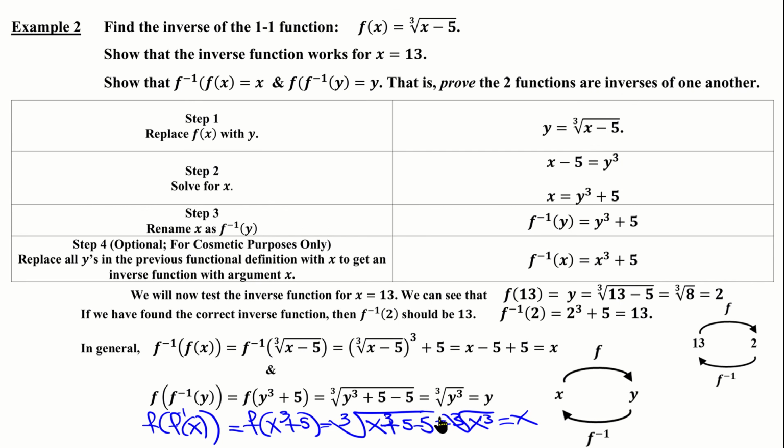From a purely mathematical point of view, this is actually the preferred form, but this is the form just to fit the norm, that's all. So basically, this is what functions and their inverses are all about.